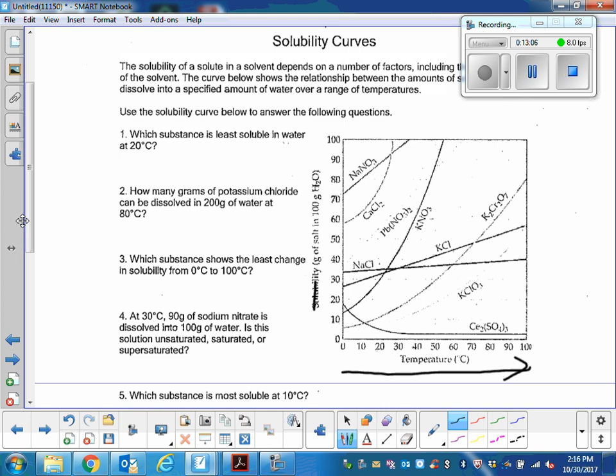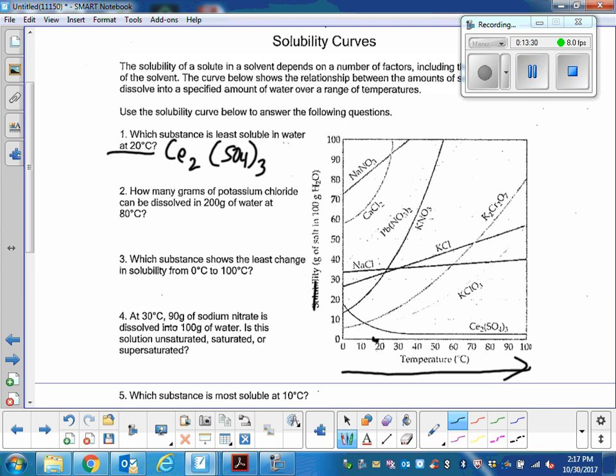Which substance is least soluble at 20? So what do I come to? 20 degrees. Which is the least among all this? Ce2SO4 3. Are we good? All right, Courtney.